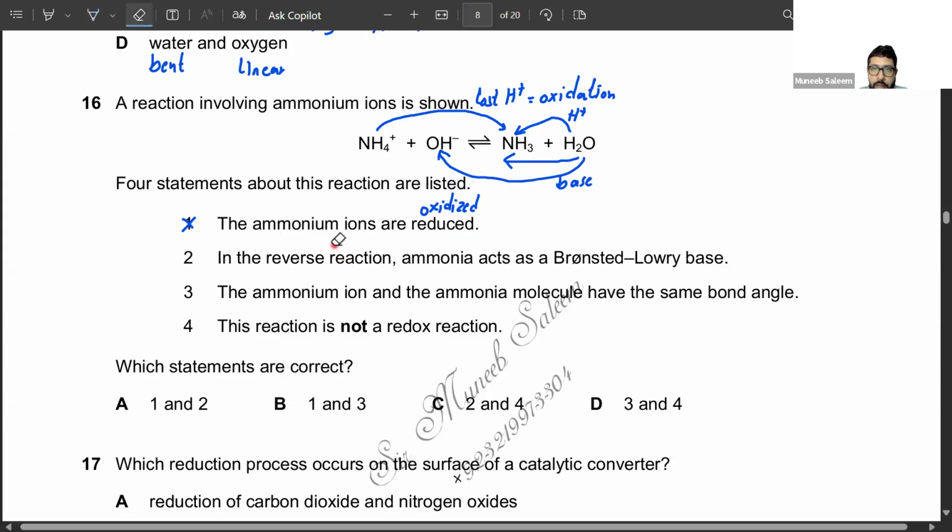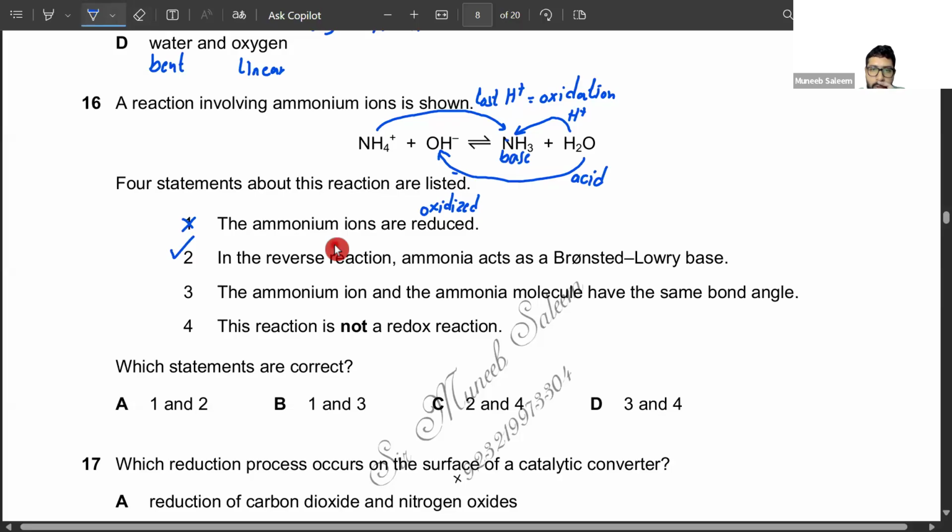Water has worked as an acid because it has donated the proton to the ammonia. In other words, ammonia has accepted the proton, so that's why ammonia becomes a Bronsted-Lowry base. So 2 is the correct option.